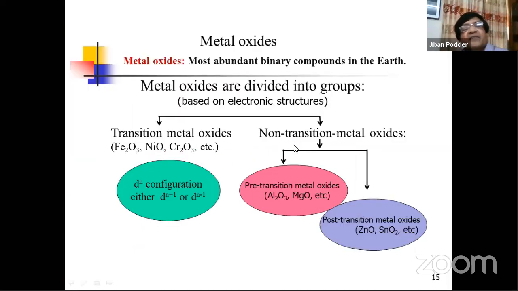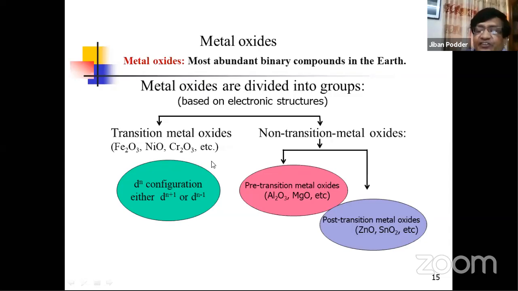Metal oxides are abundantly available on the earth. There are two main groups, the transition metal oxides and non-transition metal oxides. Again, the non-transition metal oxides are divided into two groups, the pre-transition metal oxides and post-transition metal oxides. These include aluminum oxide, magnesium oxide, zinc oxide, tin oxides, nickel oxides, ferric oxides, and chromium oxides.